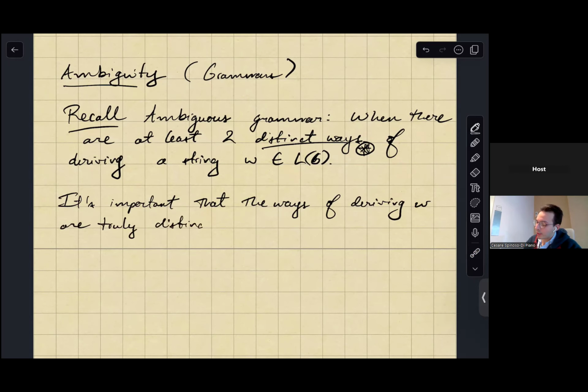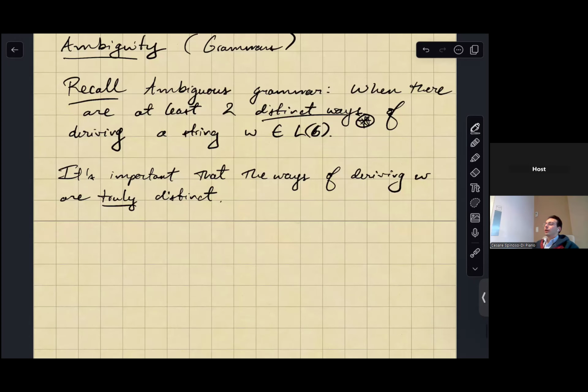It can't just be some sort of artificially distinct way of generating the string in two different ways. It has to be a meaningful difference. Okay. So what does that really mean?